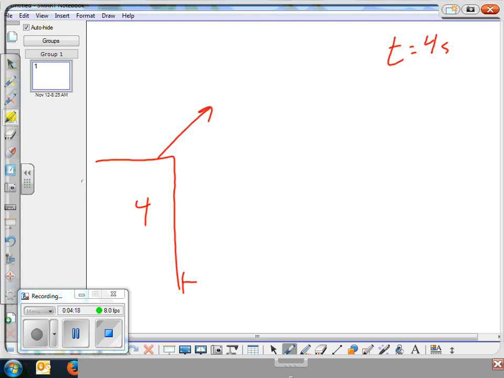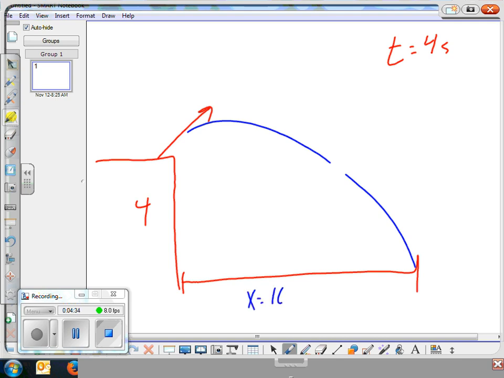And let's say that we have a displacement in the x direction. So in other words, our trajectory is going to land us over here. And we'll say that we know this displacement here is 10 meters. Okay? So now we have to figure out what the velocity actually is.